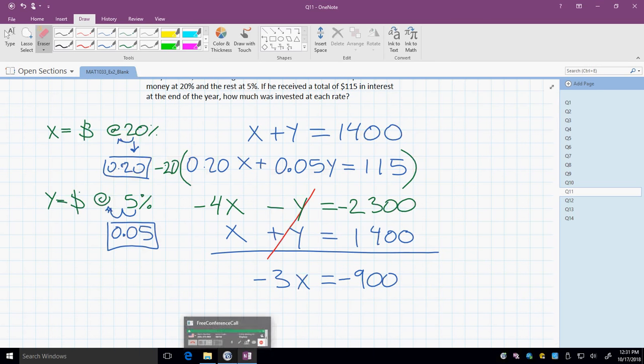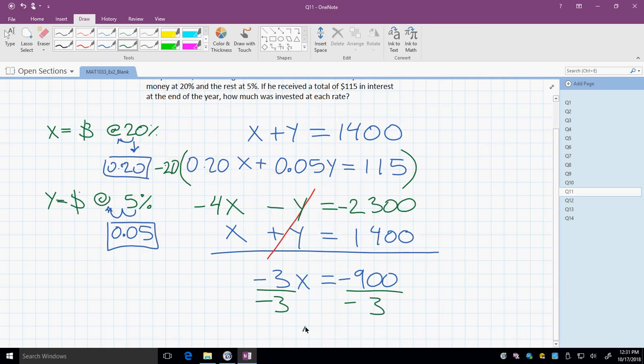Yeah, it is a negative 3 here. A negative and a negative is going to give me a positive, so I know that. How much? 300, okay. So I know my first amount of money invested was 300.